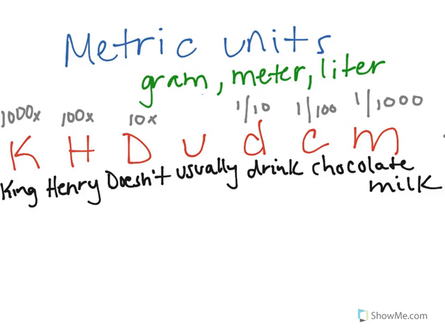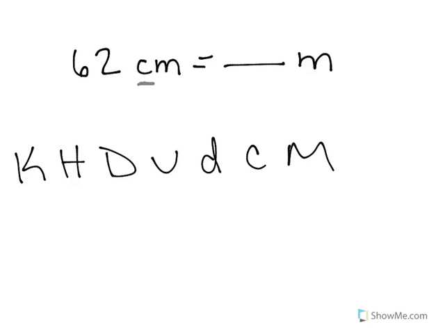So using this prefix here, all we have to do, and notice how these are all powers of 10, so that makes it really easy for us, is just move our decimal place. So if we look back, we need to go from centi, our C, to our meters, which is also the same thing as our unit, because our unit is meters, liters, or grams.